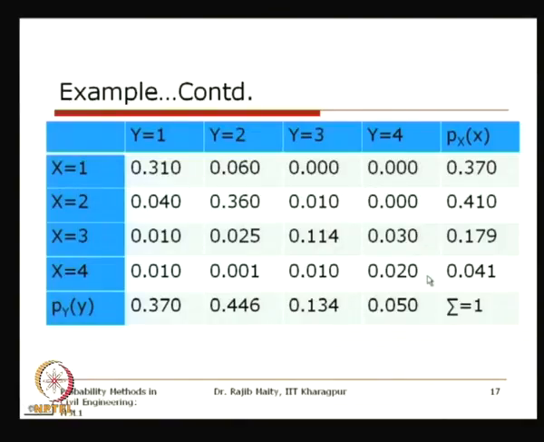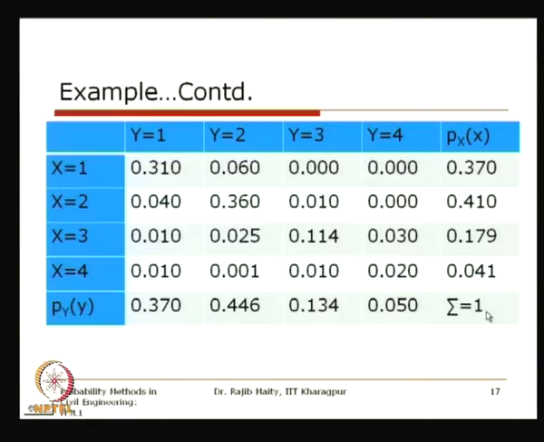Because we have already said that there are 4 possible states, and beyond this no other outcome is possible. That is why the summation of the probabilities should be equal to 1. That is what is shown here.